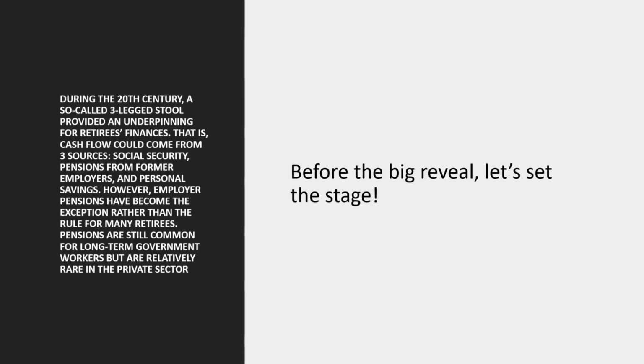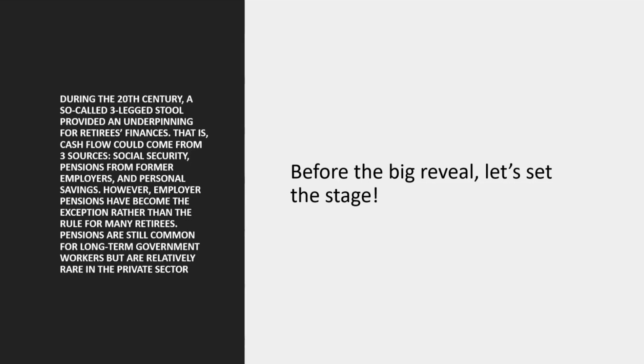But anyway, during the 20th century, we had this so-called three-legged stool everybody provided as an underpinning for retirees. That is, cash flow could come from 3 sources: Social Security, pensions from former employers, and personal savings. That's gone away in most cases, except government. However, employer pensions have become the exception rather than the rule.